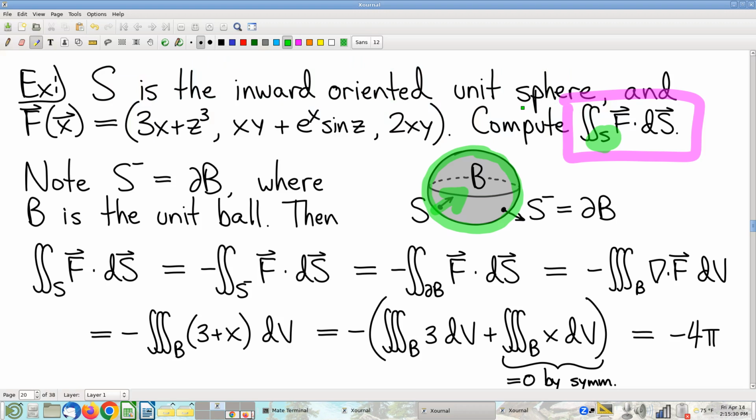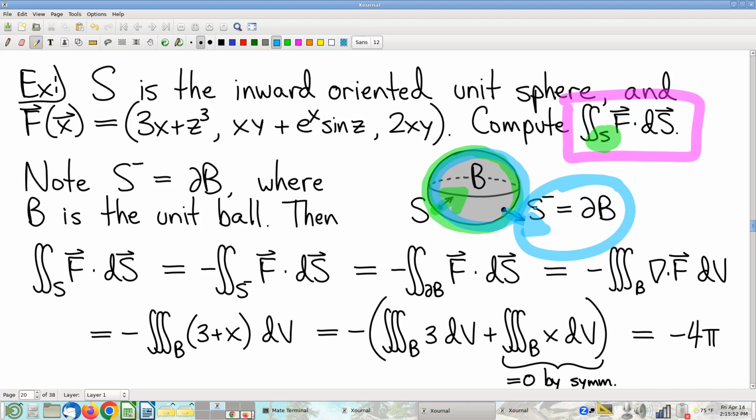Well, what we're going to do is recognize that there is a closely related surface, same underlying surface, just oriented the opposite way, that is a boundary. What I'm going to call S minus, per the book's previous notation.